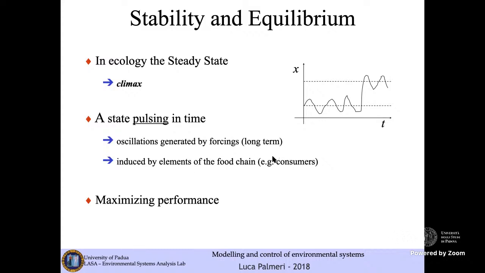If you remember, the Lotka and Volterra system was described as competition between predators, and you will see that in some cases this competition may induce pulsing states in time. There is some indication that this pulsing capacity may be seen as maximizing the performance of the system.